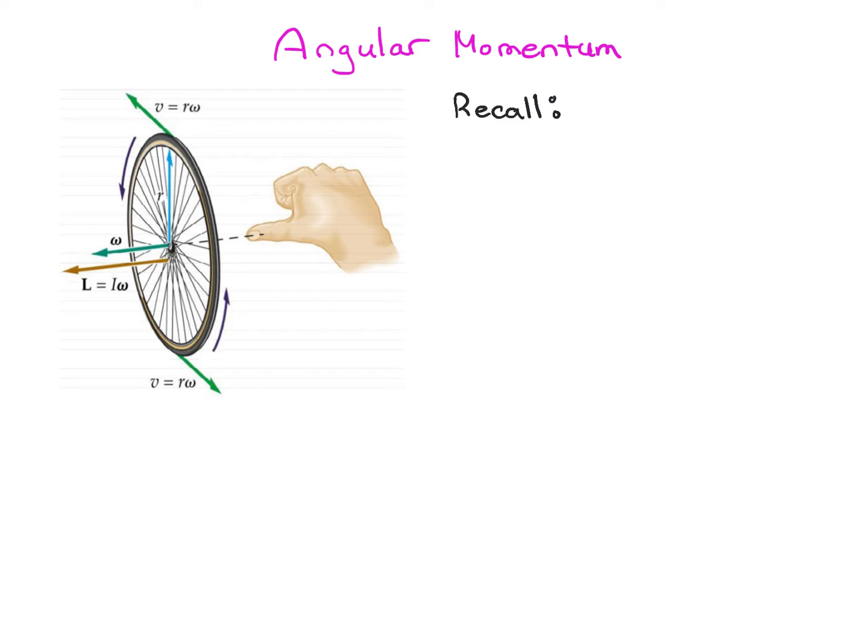So we started off many weeks ago talking about Newton's second law, and we wrote the second law for a point particle of mass m as F net is equal to the mass times the acceleration. And to keep things simple in today's discussion, we're going to be talking only about situations in which the orientation of the axis of rotation remains fixed.